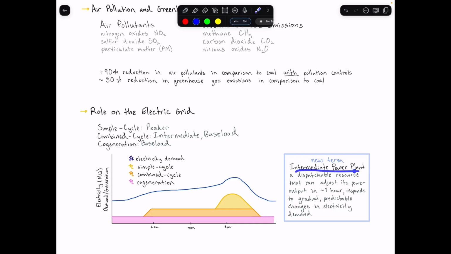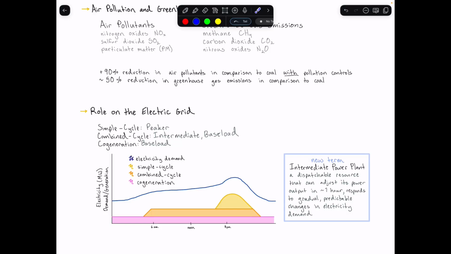An intermediate power plant is a dispatchable resource that can adjust its power output in around an hour, so it responds to gradual and predictable changes in electricity demand. And then finally, cogeneration is operated as a baseload resource, because the primary purpose of it is typically to provide heat, and generating electricity is more of a side part of it. So it's just operated continuously throughout the day in most instances.